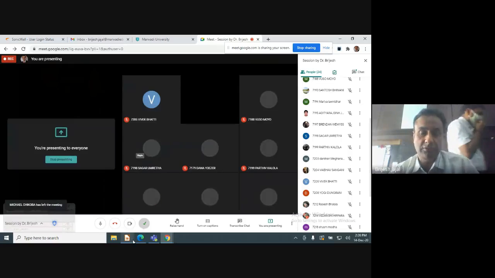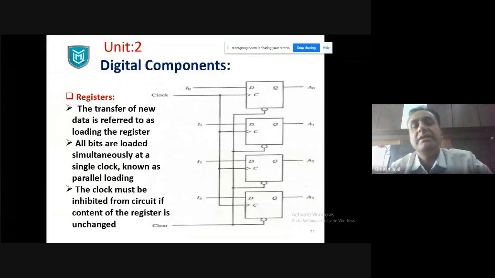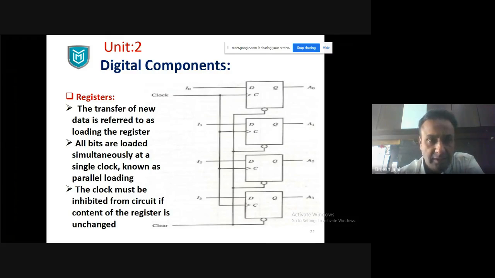All right, so this is not difficult at all. Let's continue with the two categories. This is the first part that is over. A register looks like this. You can switch off your camera, Jimmy, now, and mute yourself, please.